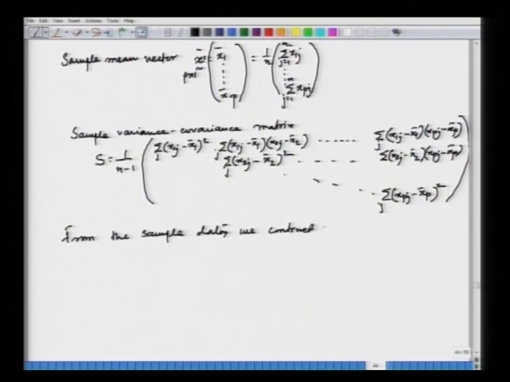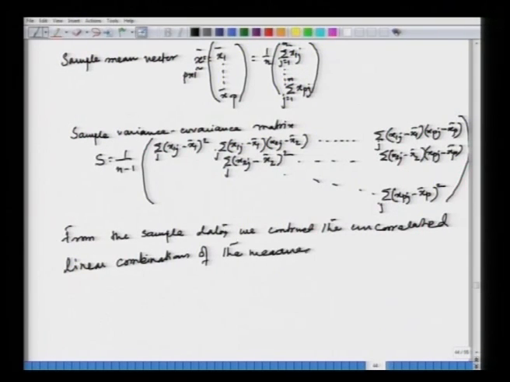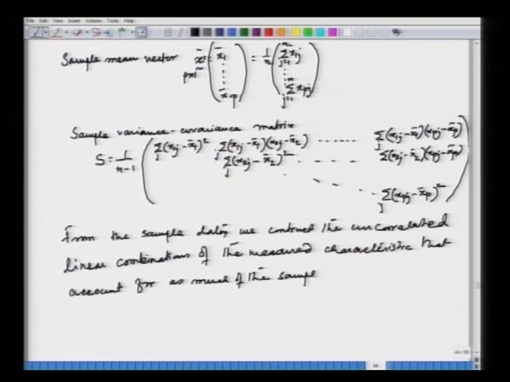We construct the uncorrelated linear combinations, basically our principal components, of the measured characteristics that account for as much of the sample variation as possible.